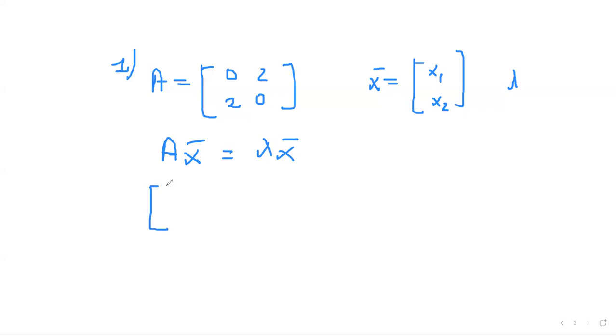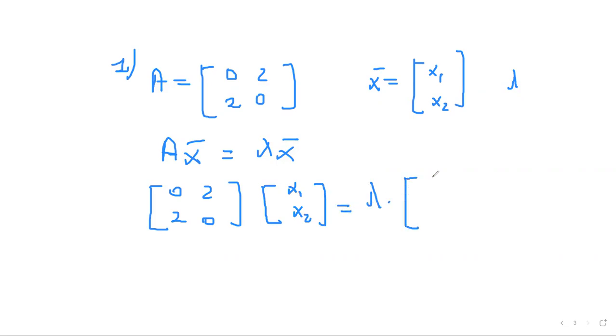From this equation we get the matrix 0, 2, 2, 0 times the vector x, x1, x2, equals lambda times again the vector x, x1, x2.